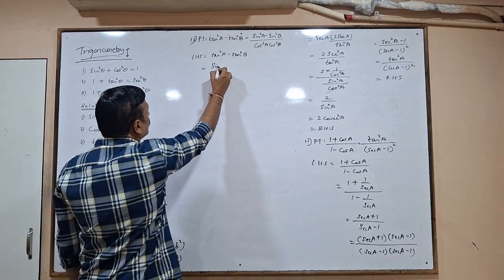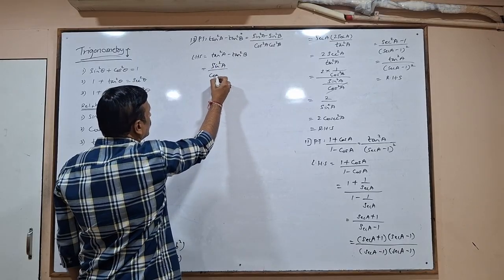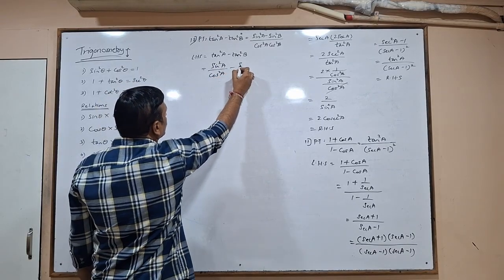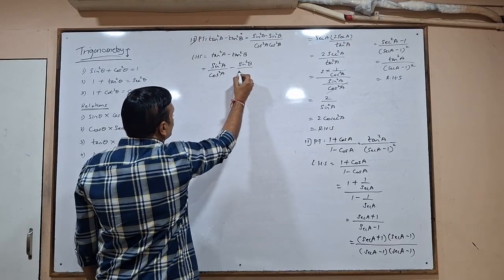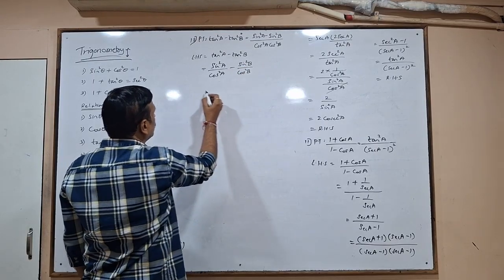So this will become sin square A upon cos square A minus sin square B upon cos square B.